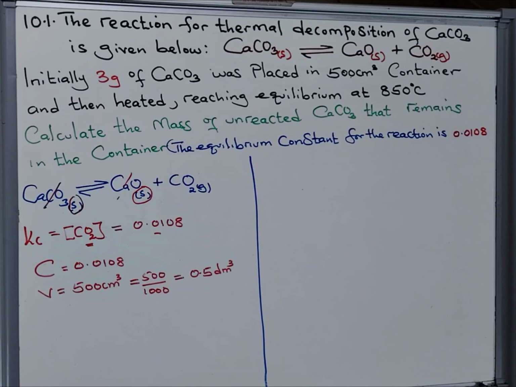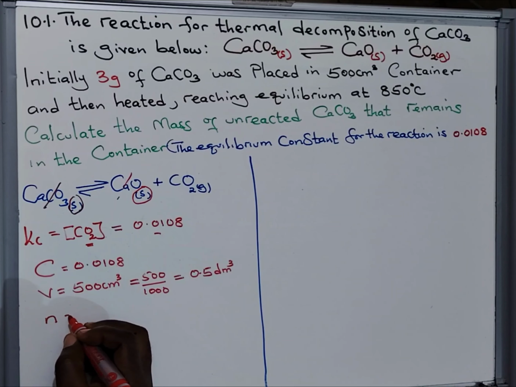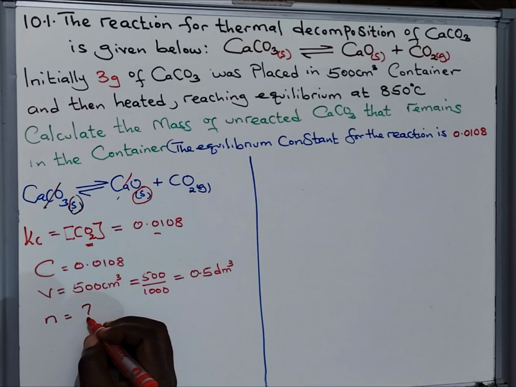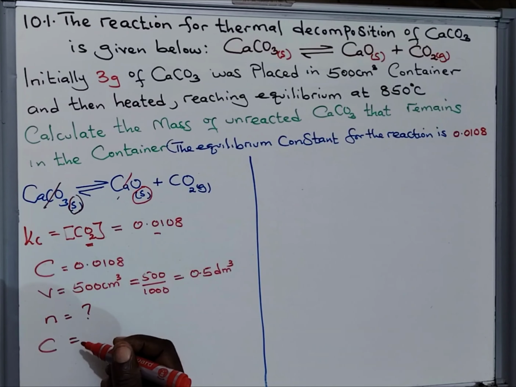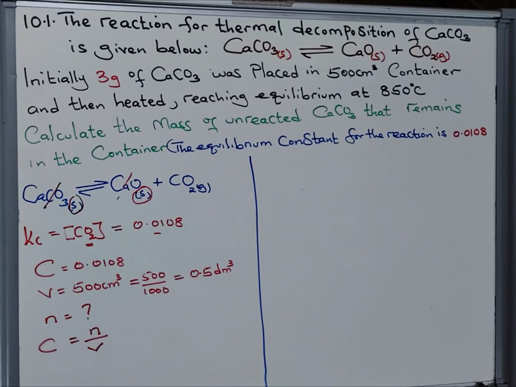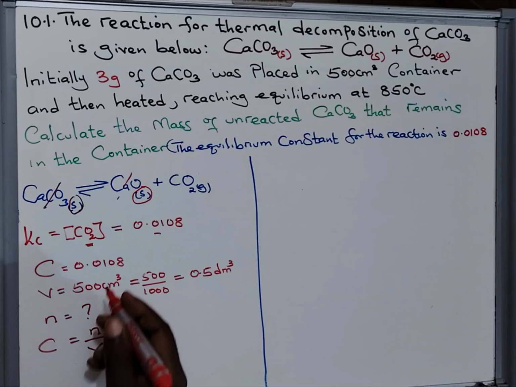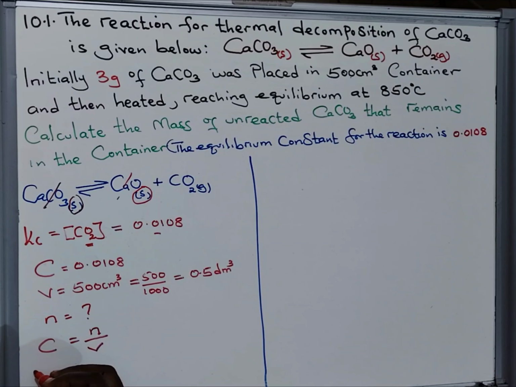Okay, next we have the number of moles. It is wanted. With this, you have the equation which says that concentration is equal to number of moles over volume. So when you substitute for concentration, what do we get? Concentration is 0.0108. Number of moles is needed, but we know volume, which is 0.5.